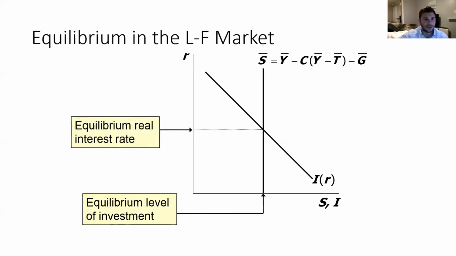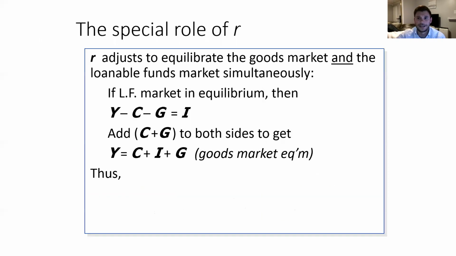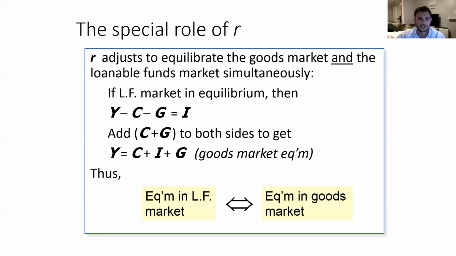So again, I cannot emphasize this enough. In our neoclassical model, the interest rate satisfies a very important function in that it is clearing two markets together. R is adjusting to equilibrate both the goods market and the market for loanable funds simultaneously.